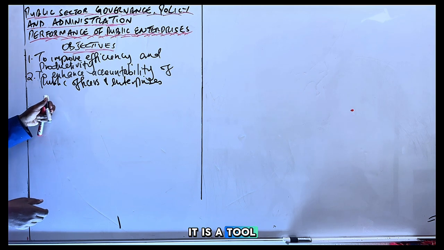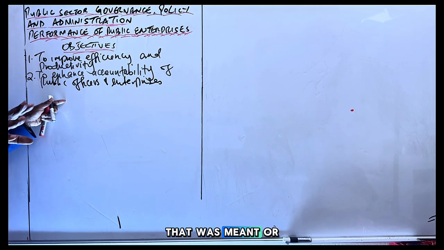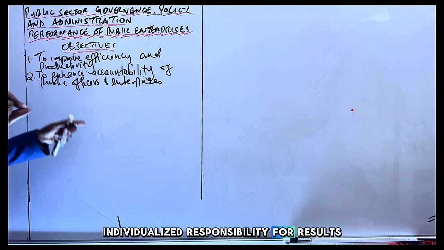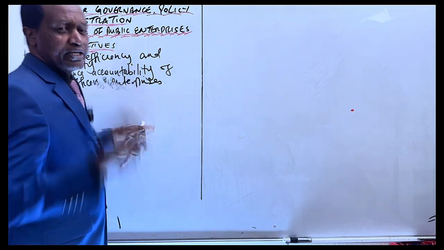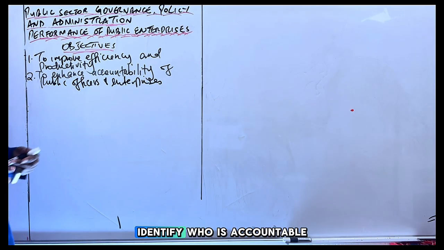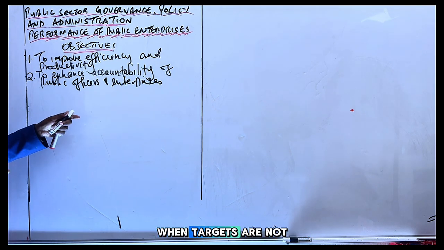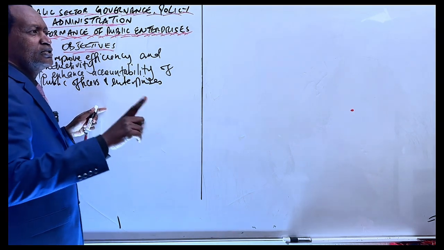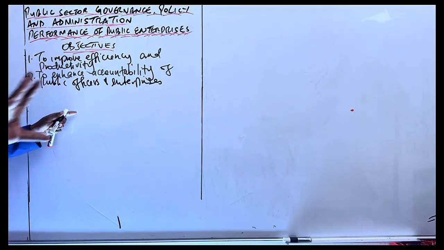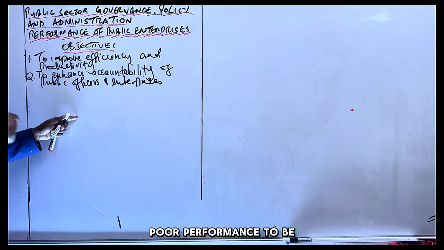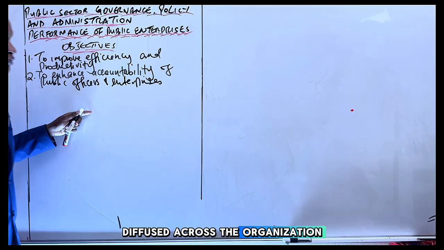It is a tool that was meant to create clear, individualized responsibility for results, making it possible to identify who is accountable when targets are not met, rather than just allowing poor performance to be diffused across the organization.